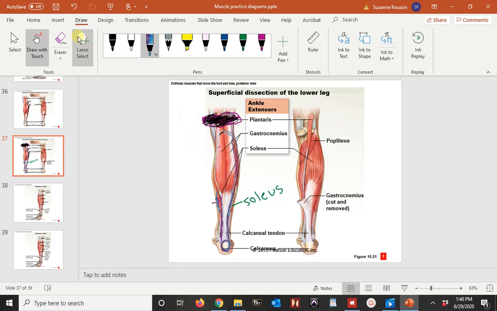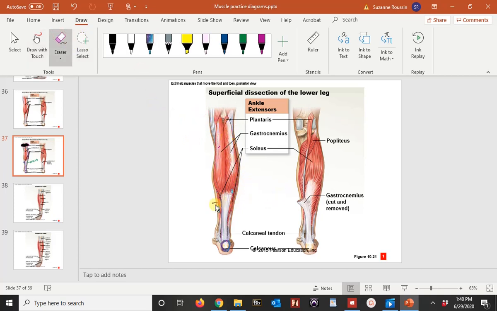Now, let's go back to the gastrocnemius, and let's look at this for a second. The gastrocnemius has two parts to it. Do you see these two heads? It's like divided in half. This is all one muscle. These two halves, it looks like, on the back of your leg.